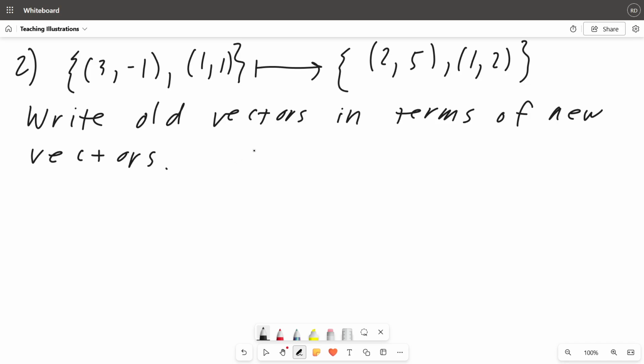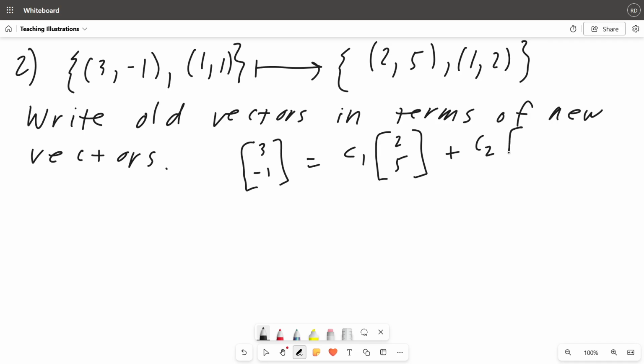So we want to say (3, -1), the old basis vector, has got to be some constant times (2, 5) plus some other constant times (1, 2). That's the idea.